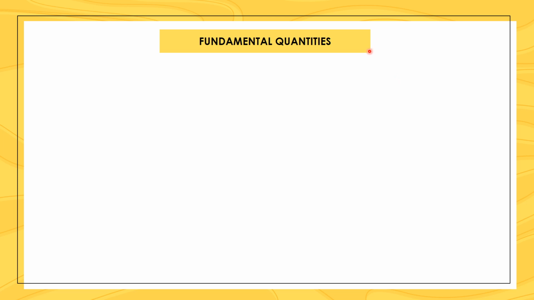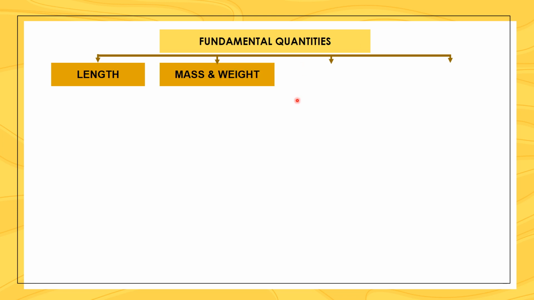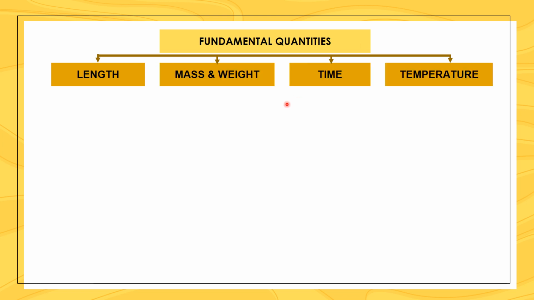Last meetings' discussions were about the fundamental quantities like length, mass and weight, time, and temperature. There are three more fundamental quantities, but we haven't discussed them since these are the only quantities we need for this lesson. Now we will have what we call derived quantities. What are the derived quantities?